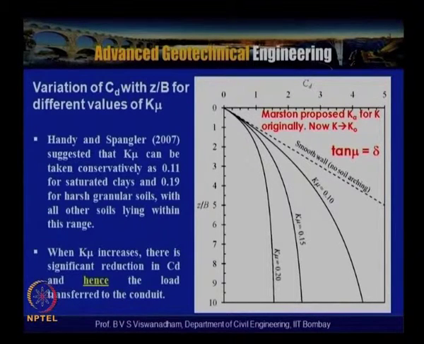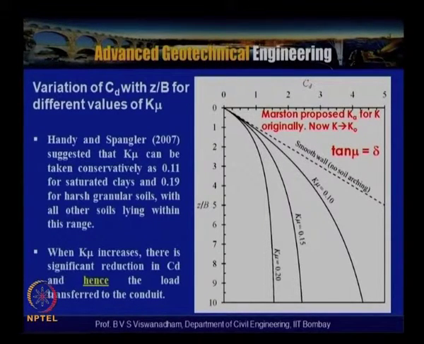In this variation of CD with Z by B for different values of K mu, Handy and Spangler 2007 suggested that K mu can be taken conservatively as 0.11 for saturated clays, where it is a multiplication of K. Initially Marston proposed K equal to Ka, that is Rankine's active earth pressure condition for K. This was originally proposed by Marston.